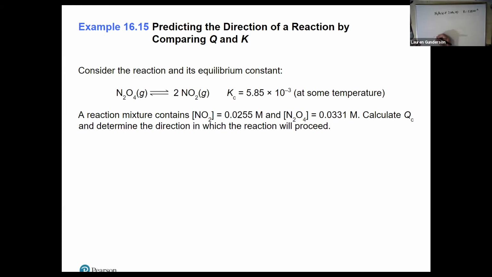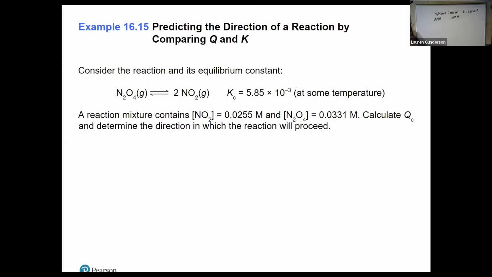Okay, and this one says a reaction mixture contains a concentration of 0.0255 molar NO2 and 0.0331 molar N2O4. We want to calculate Qc and determine the direction in which the reaction will proceed.